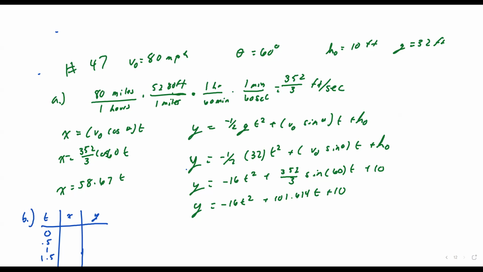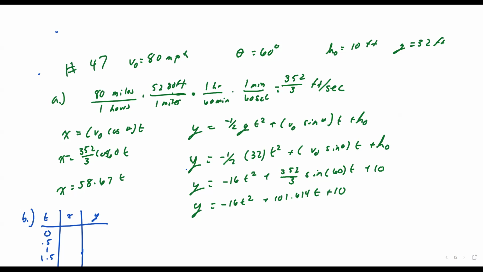I'll start off with the y, so negative 16x squared plus 101.614 x plus 10. You'll get an answer there. Then I'll hit tab. I'll type 58.67x. So both graphs are in.